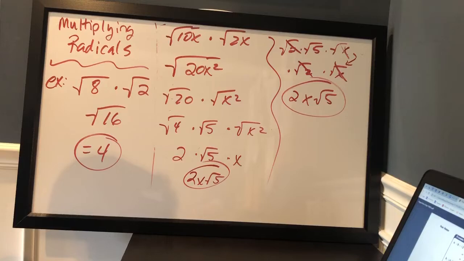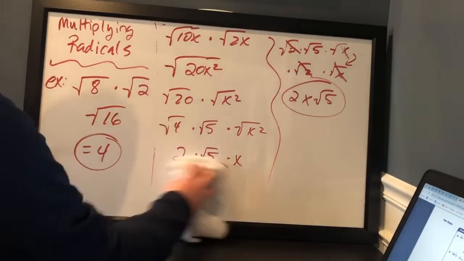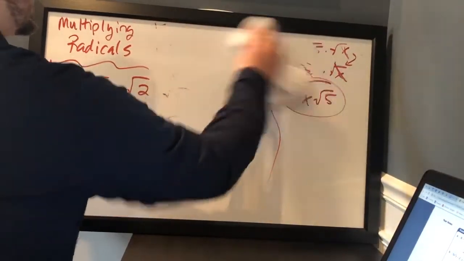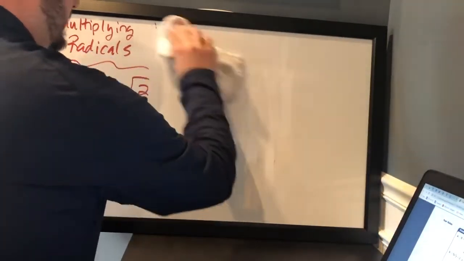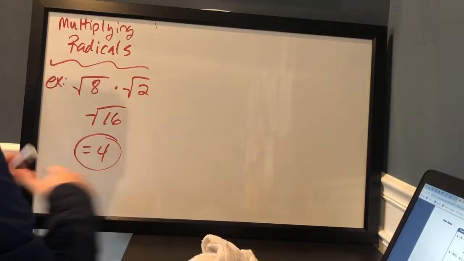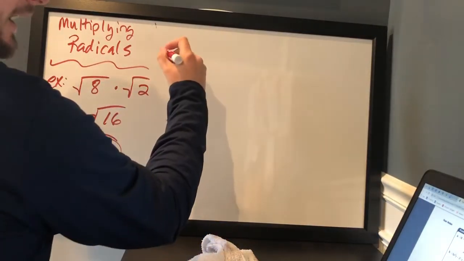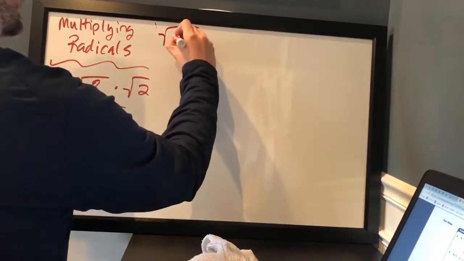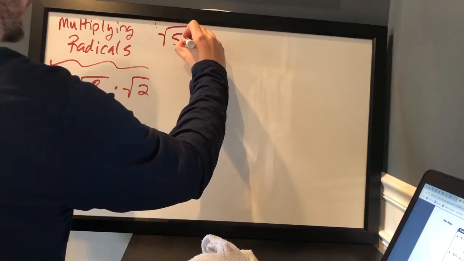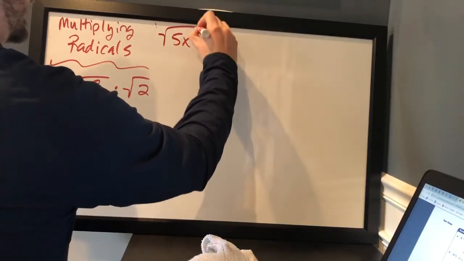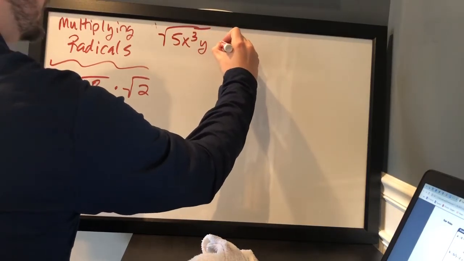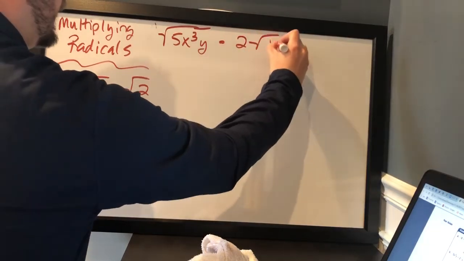Okay? All right, I've got one more I want you to write down, and it's got a little bit more to it. But again, if you take these one step at a time, you're going to be able to do these. So in this one, we've got the square root of 5x to the third y times 2 radical x.